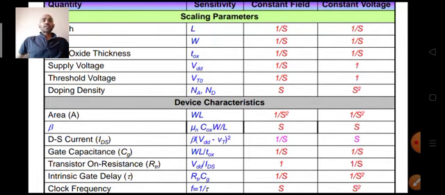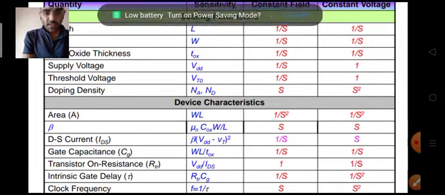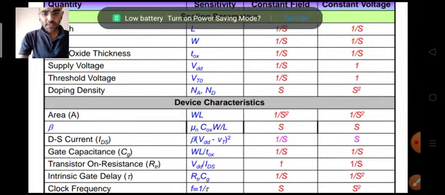Then, beta is your transconductance parameter, the process parameter, which is mu n Cox W by L. If you substitute everything from the previous table, W and L cancel each other. Cox is epsilon ox by Tox.